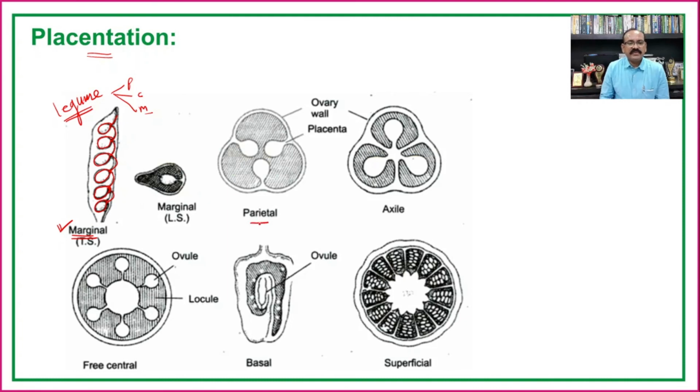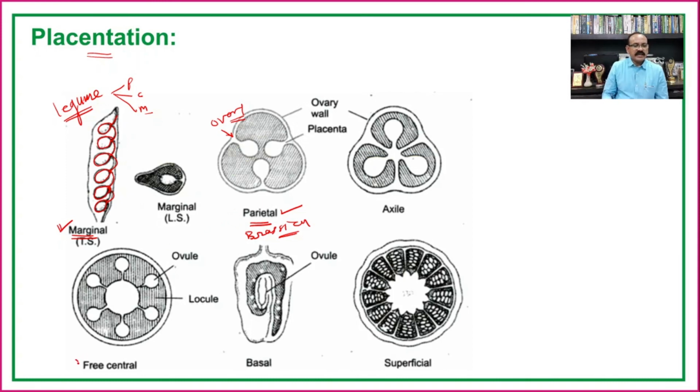But if the ovules are attached to the peripheral region of the ovary, then the placentation is known as parietal type of placentation. Parietal placentation is found in Brassica. There is an order Parietales in which all the families or species show parietal placentation.